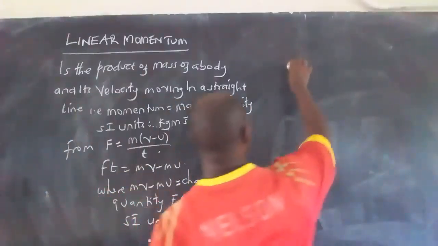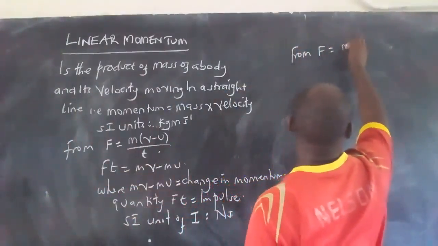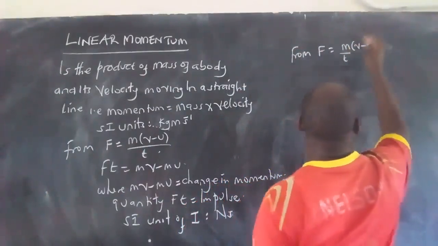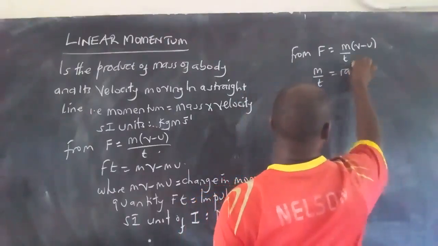From F is equal to m over t into (v minus u), m over t is called the rate of mass.